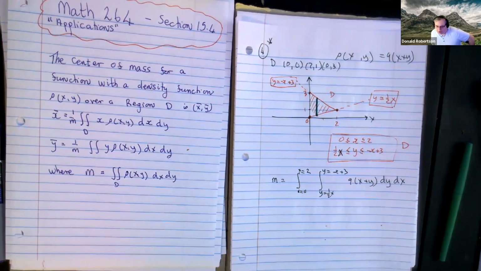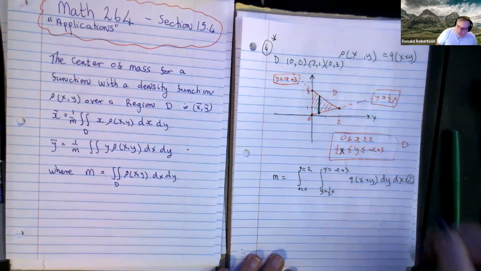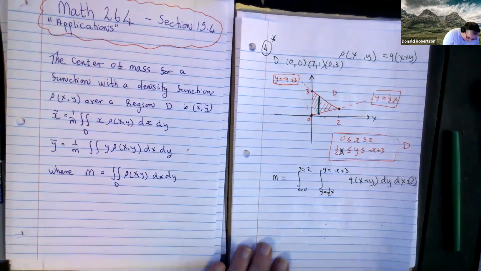And there are no shortcuts. There are no variables separable. You just have to do that the usual good old-fashioned way. Let's pretend that that answer is 2. I know it's not, but let's pretend it's 2.